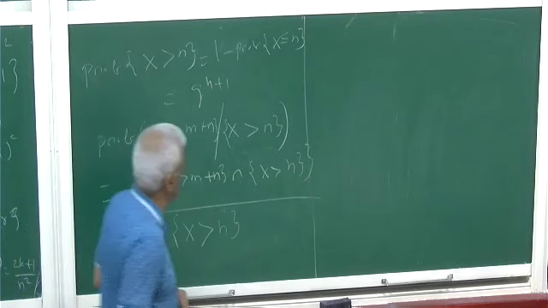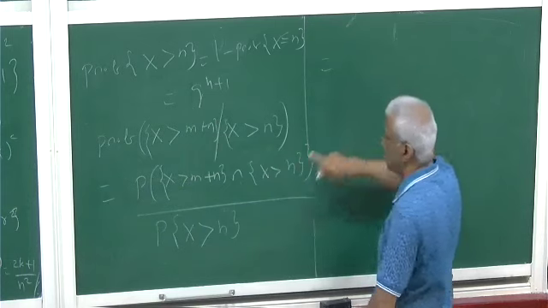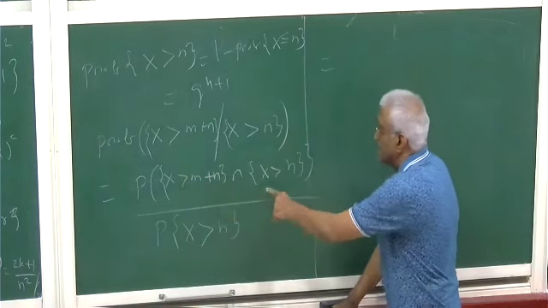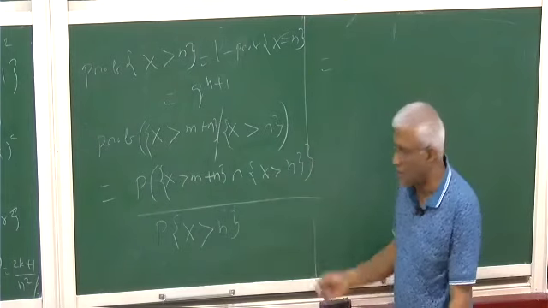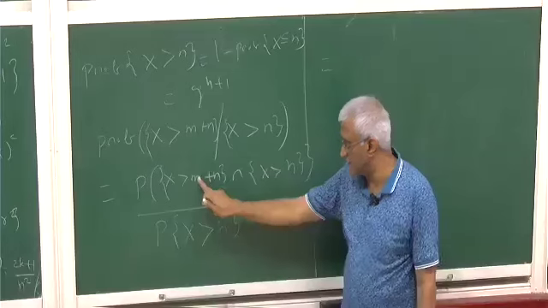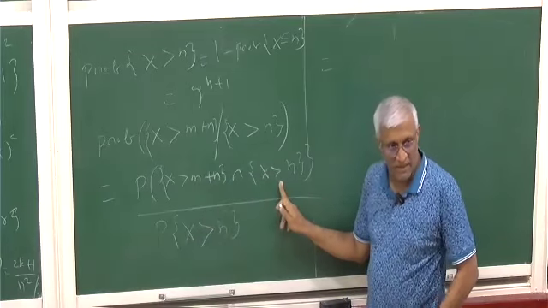This is the definition of conditional probability. I'm just using conditional probability. x greater than m plus n, intersection x greater than n. If x is greater than m plus n, it is certainly greater than n, so this set is contained there, not the other way.